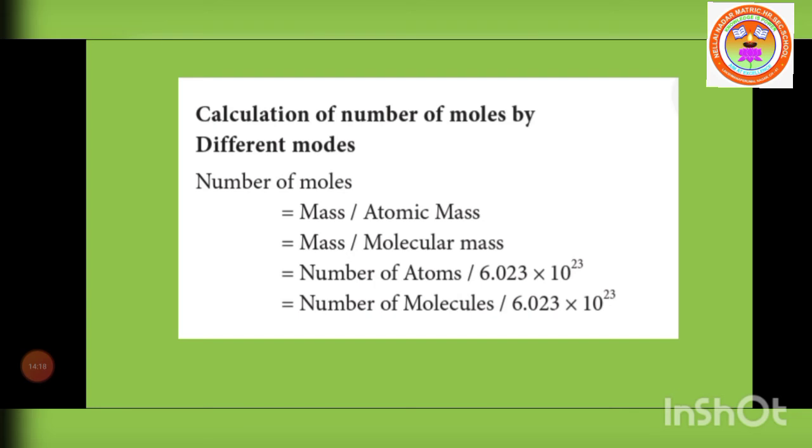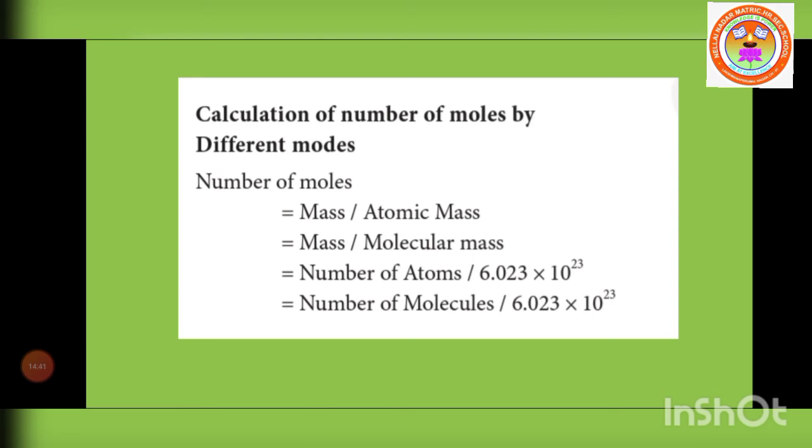Then calculation of number of moles by different modes, these formulas are very, very important. So what are the modes to calculate number of moles? Number of moles is calculated by this formula.